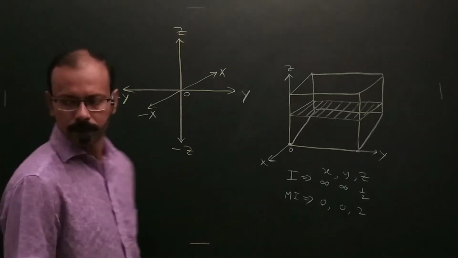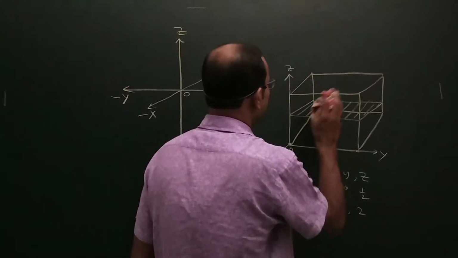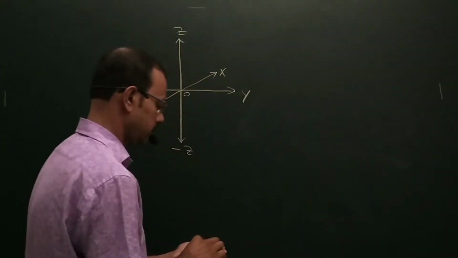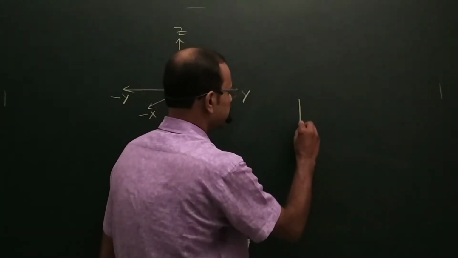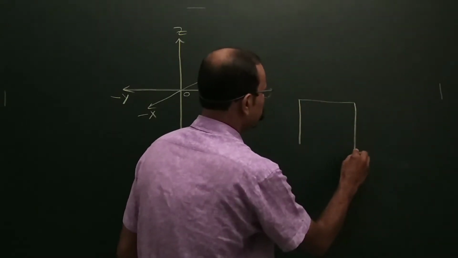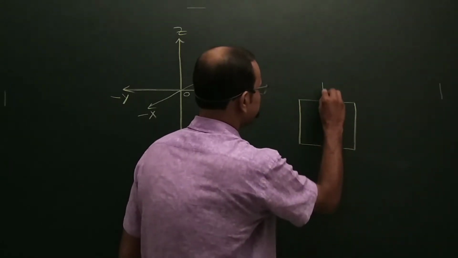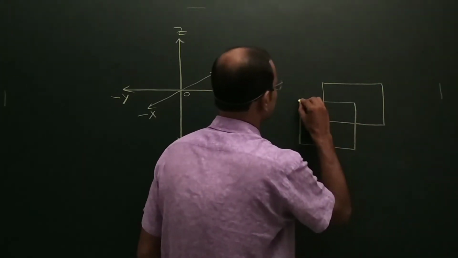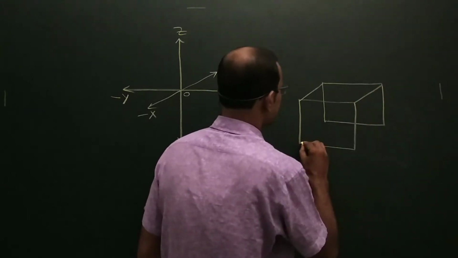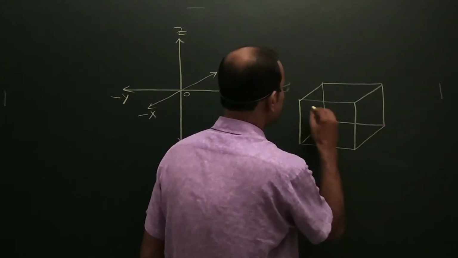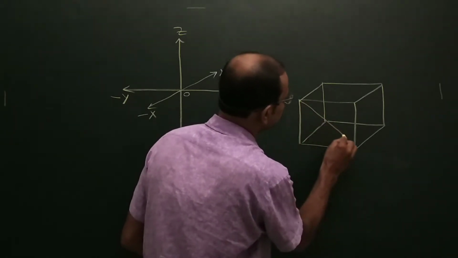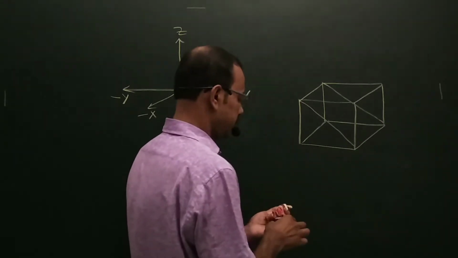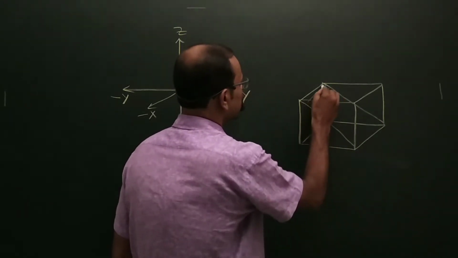Next, I am taking another plane. Let us take this plane in the cubic unit cell or lattice. Suppose this is a cube and I am taking this plane. I'll shade it so that you can understand better.